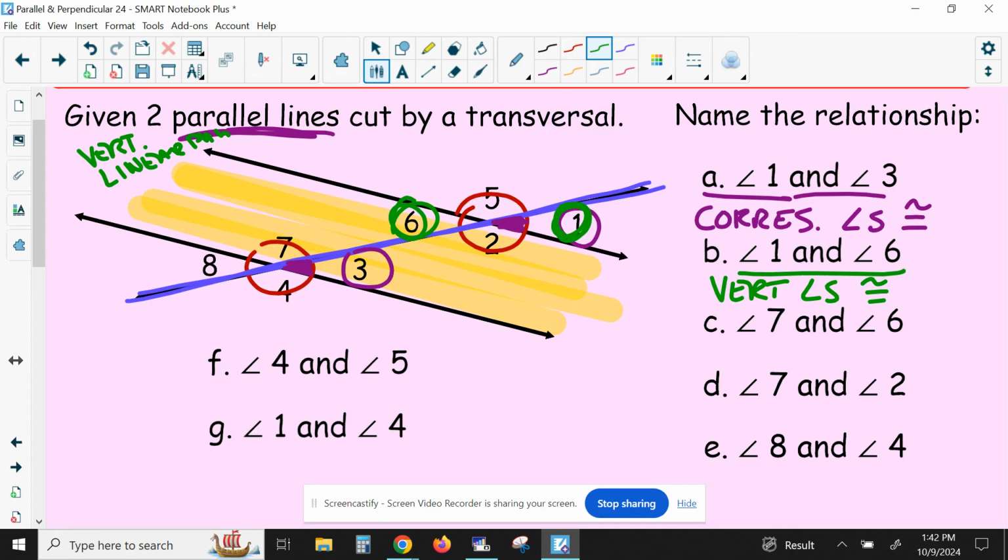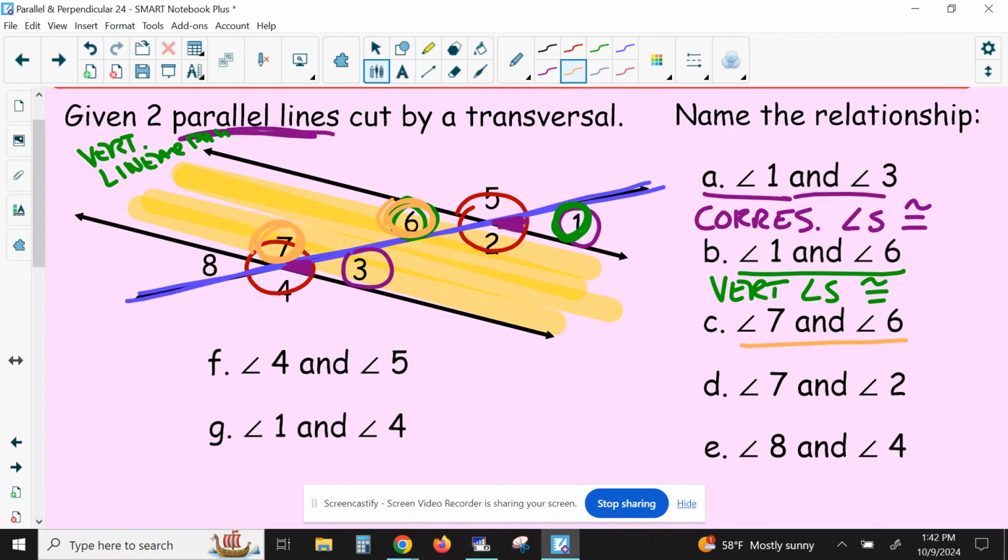Okay, next color, 7 and 6. I'm going orange. 7 is here, and 6 is here. Okay, what do you notice about them? They're both in the interior. You see how easy it is after I've colored them? You can see my shaded yellow, right? So they're both on the interior, correct? Okay, so they could be interior.